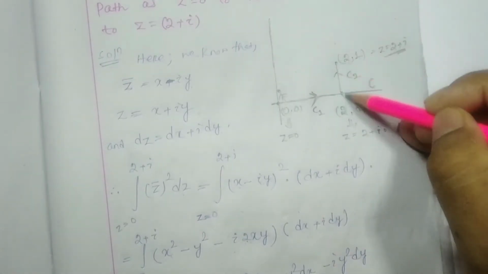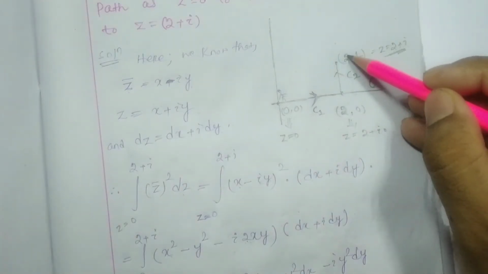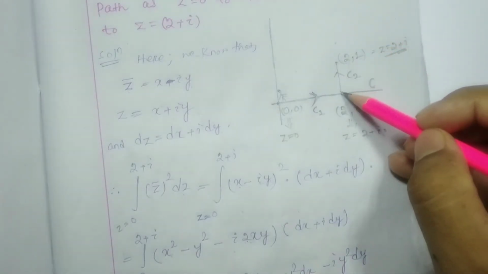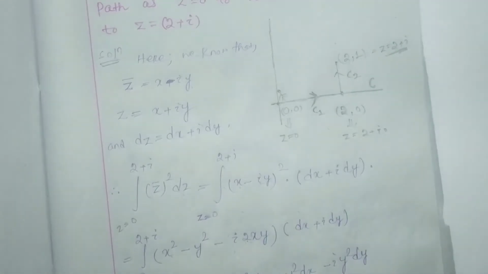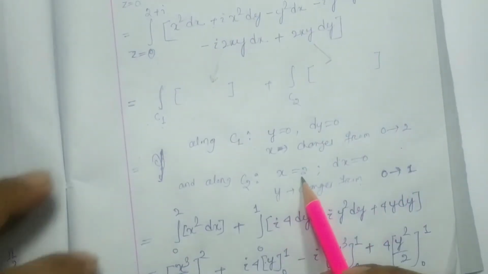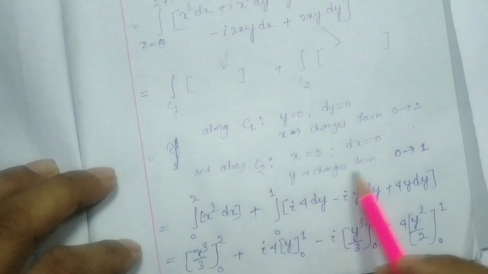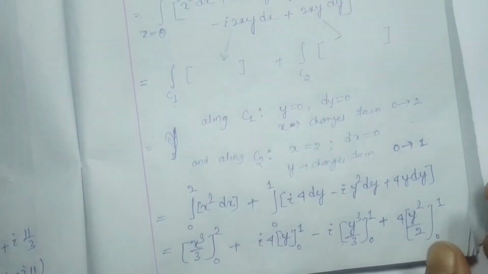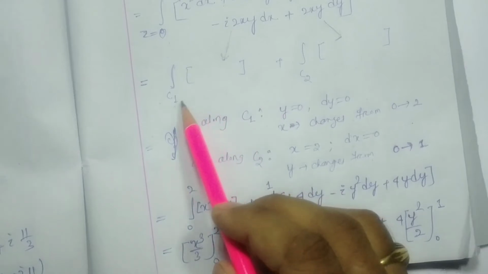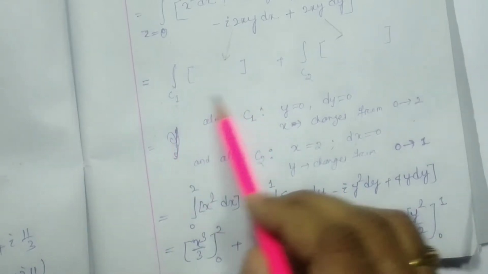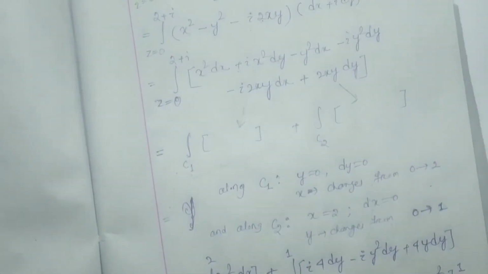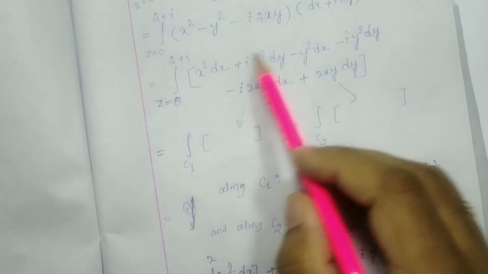Along C2, x is constant with value 2, so dx will be 0, and y changes from 0 to 1. Now we first consider the C1 contour and put the corresponding values over here.